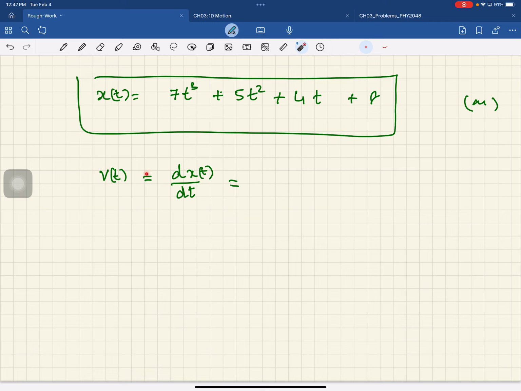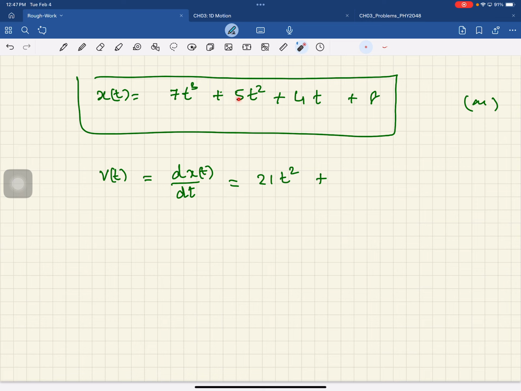And if I want to calculate the velocity at any given time, I just take the derivative. And again, you guys will be experts before you know it. Okay, so the derivative of t cubed is 3t squared. 3 times 7 is 21. The derivative of t squared is 2t.